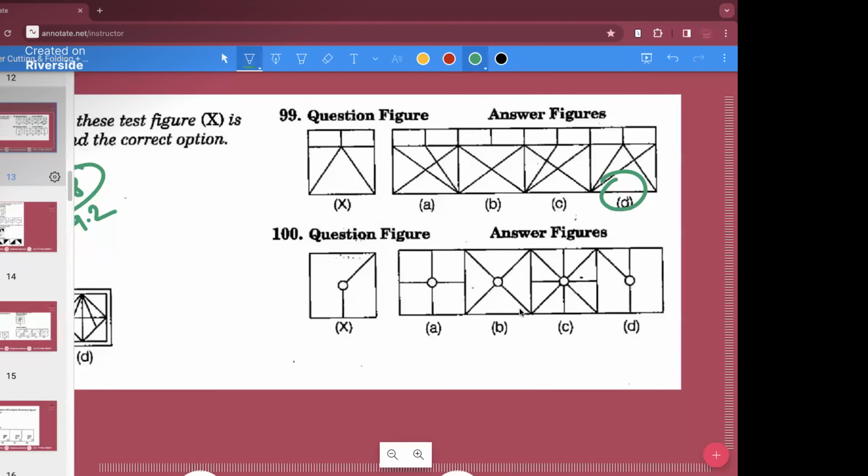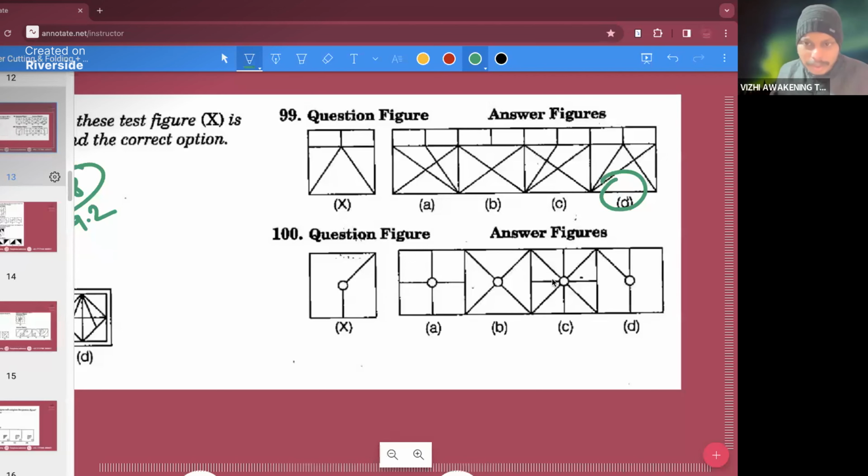Yes. Okay. So if you move this, let's say D was your answer, your thought would have been like this. Now if you rotate it once, what will happen? It will remain here. It will become like this. One rotation. Right, guys?